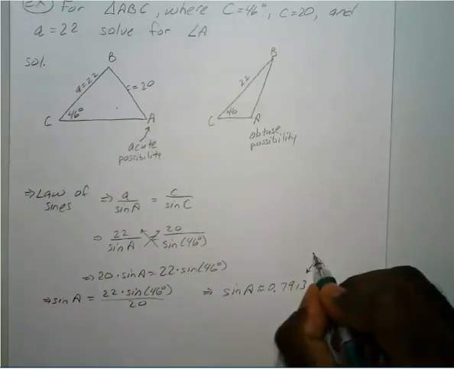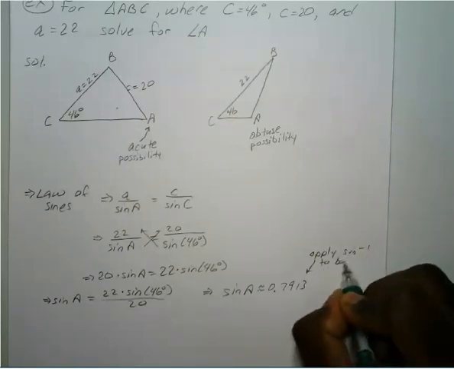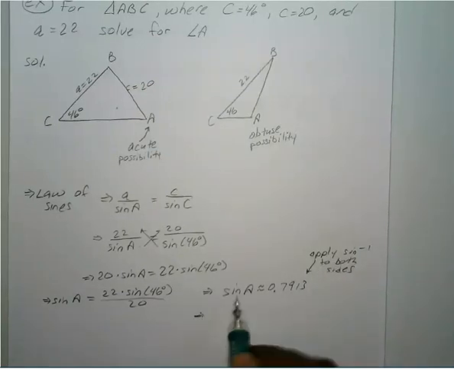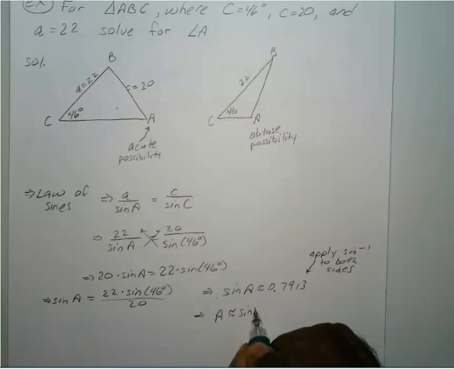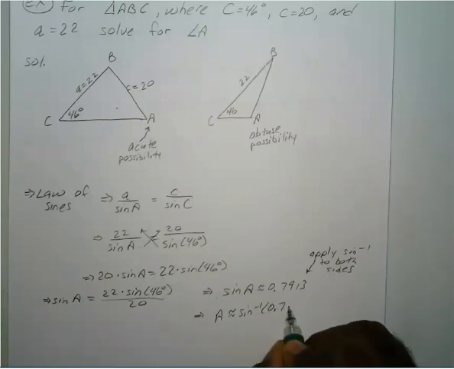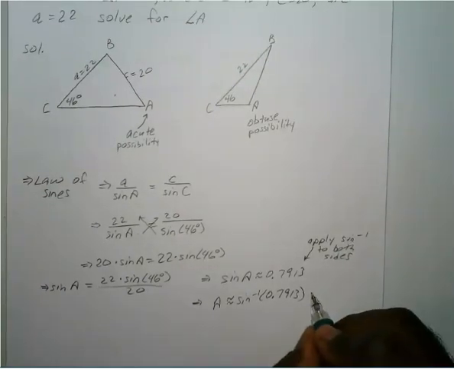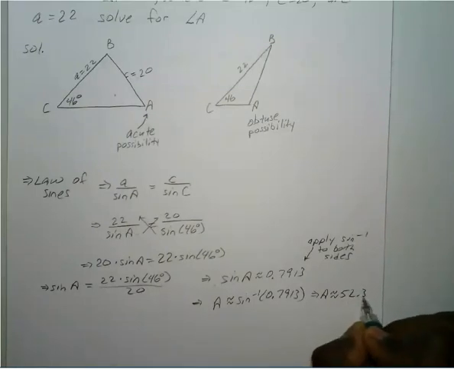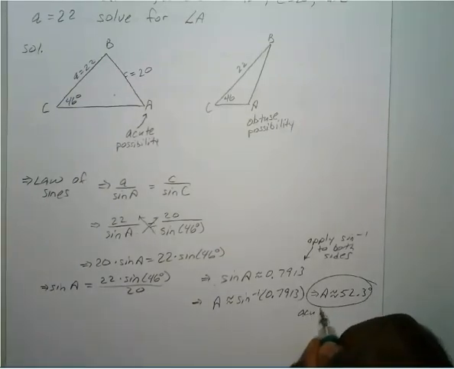If we apply sine inverse to both sides, the sine inverse and sine cancel out, so that leaves us with A is equal to sine inverse of 0.7913. So really A would be approximately equal to 52.3 degrees. Okay, so that's its acute possibility.